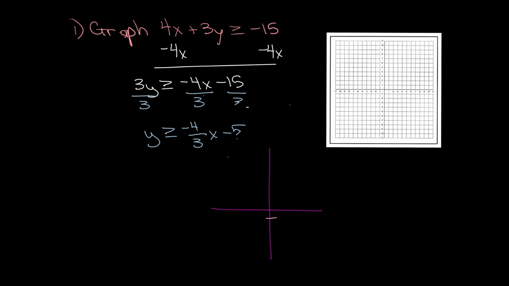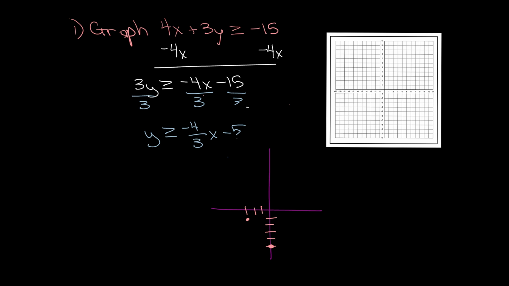If I've got 1, 2, 3, 4, 5, let's start there. And then I can go down 4 over 3 to the right, or I can go up 4 over 3 to the left, because that's still going to give me a negative slope.